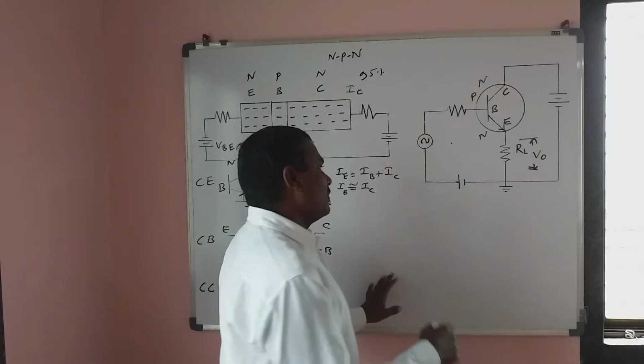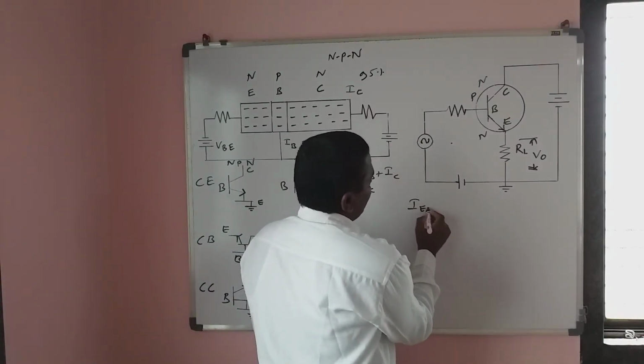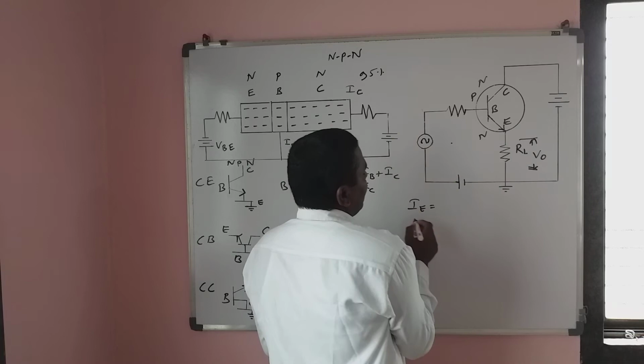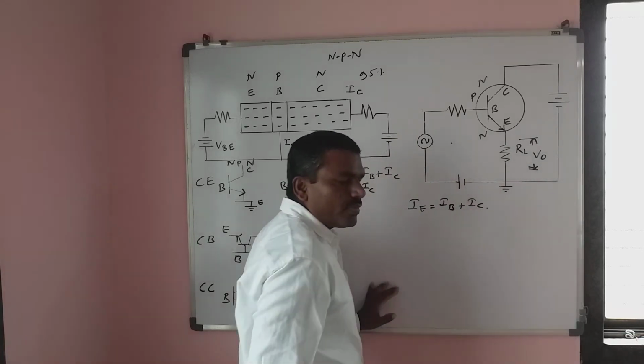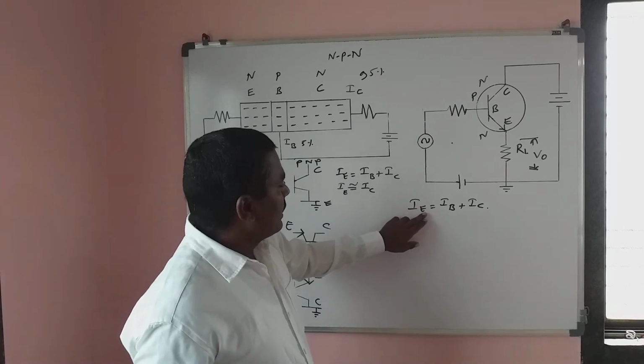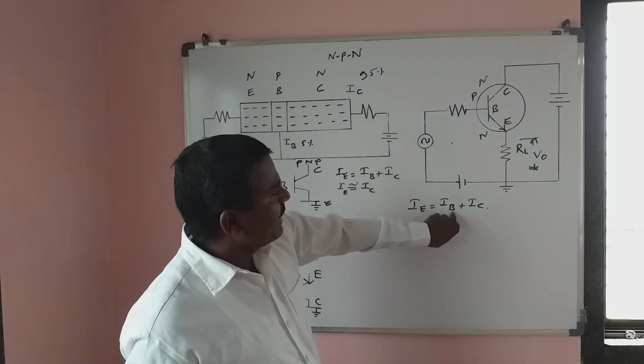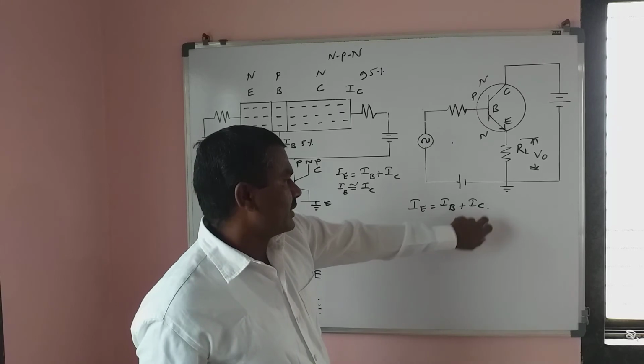The total current flowing through the emitter is always equal to IB plus IC: the emitter current, the base current, and the collector current.